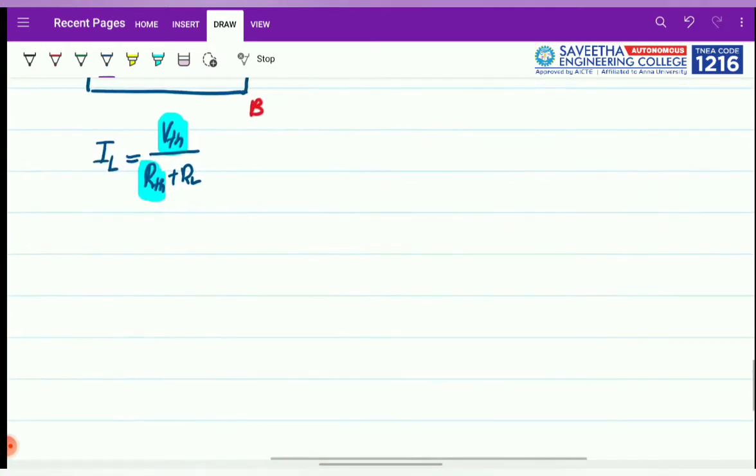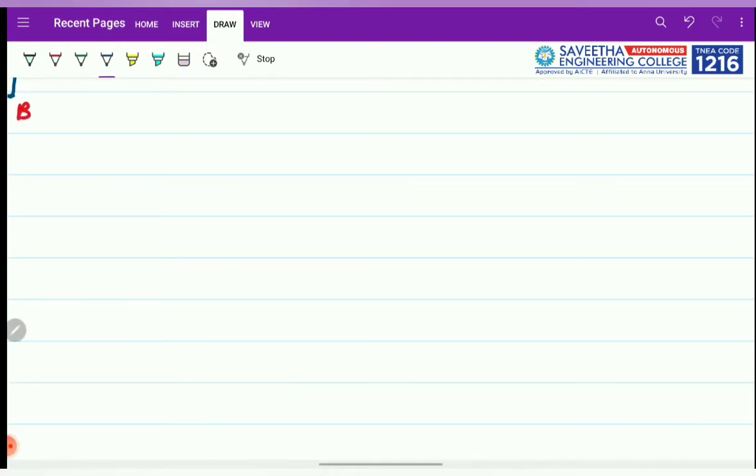So in an electrical circuit, I will say some of the important note that you can note it down, that whenever you are going to make a source 0, it means the source value is not available.